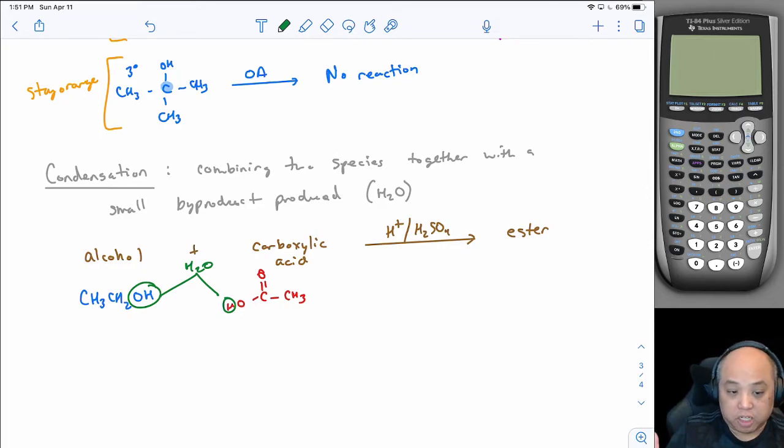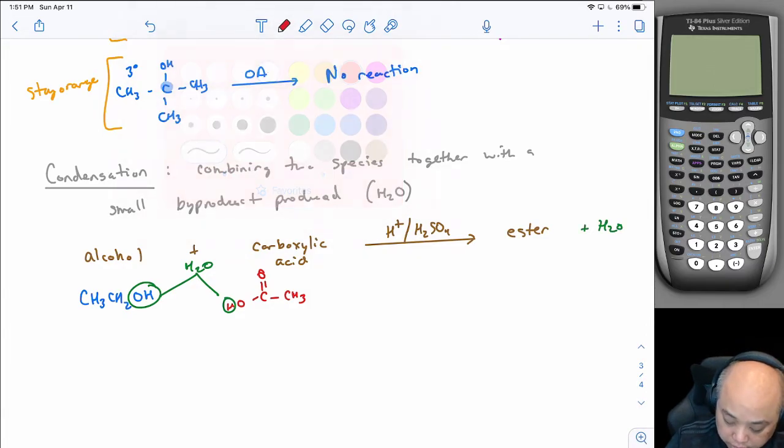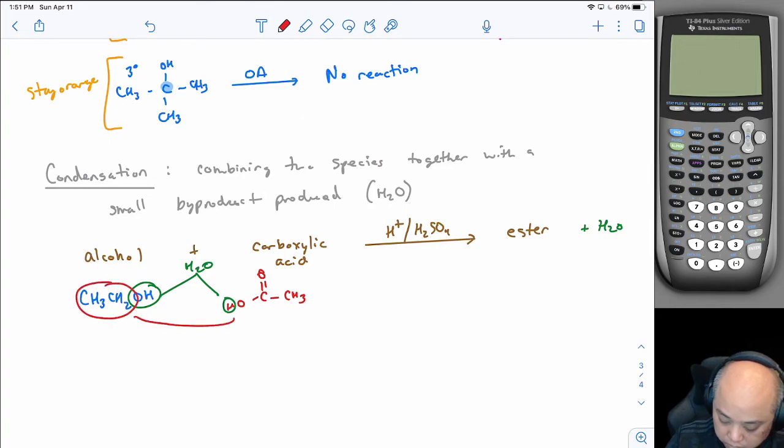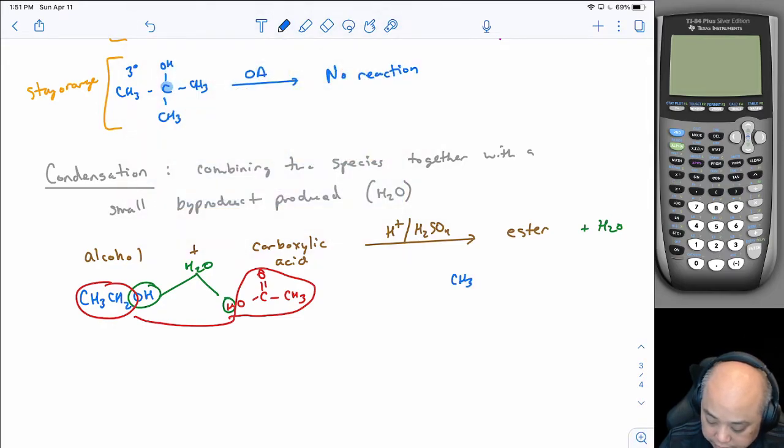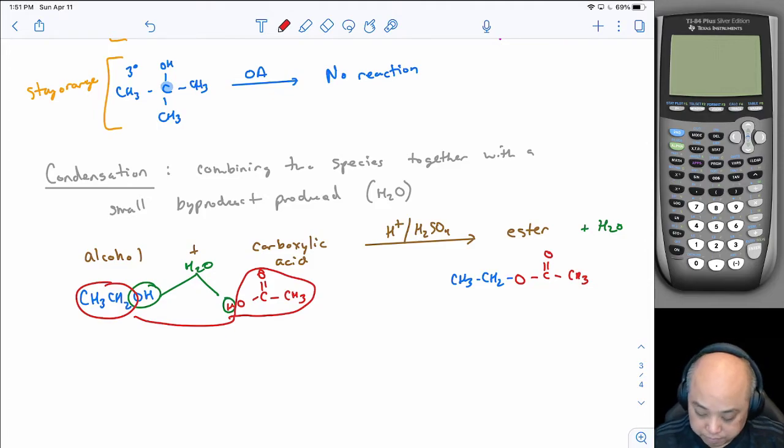The fact is there's an oxygen that links those two things together, and the OH and H combined between the two is removed as water. So the other two parts here are linked through that oxygen. And so you'll see CH3, CH2, O, C double bond O, CH3. That is our ester.